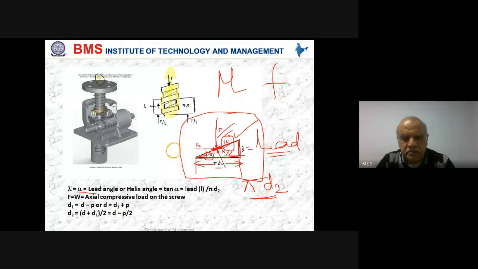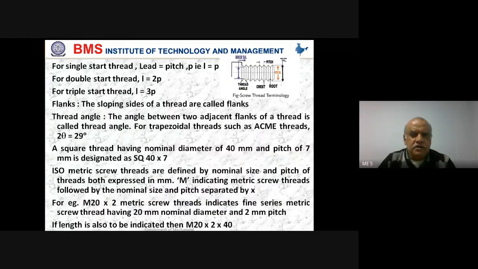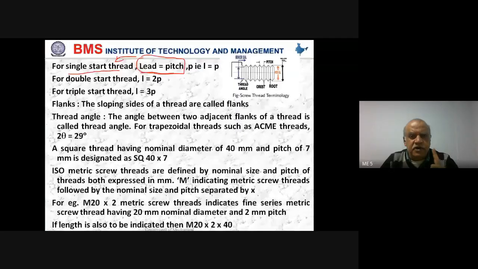Okay. So now coming back to this. For a single start thread, lead is equal to pitch. What is lead? Lead is the axial distance traveled by the nut along the length of the screw when one rotation is given. So lead is equal to pitch for a single start thread.